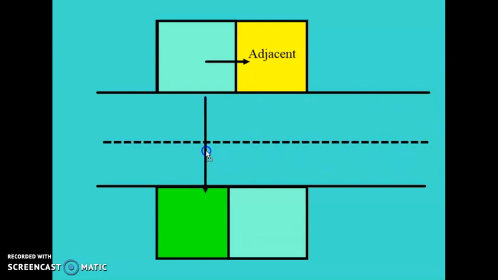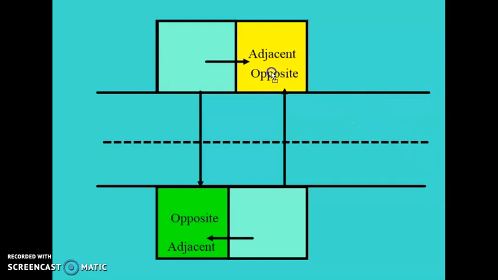The house that is on the other side of the road will be known as opposite from me. But should I, however, have stayed here, then that neighbor would have been my adjacent neighbor, and that very same neighbor there would be my opposite neighbor.